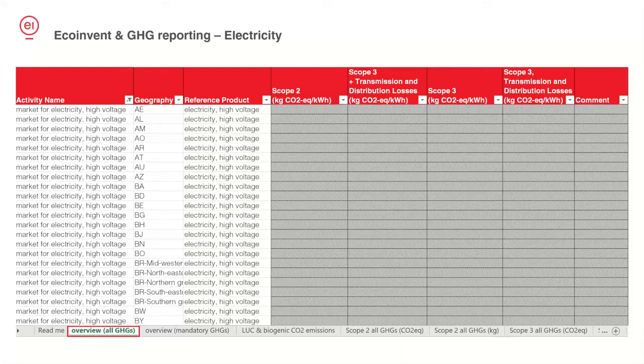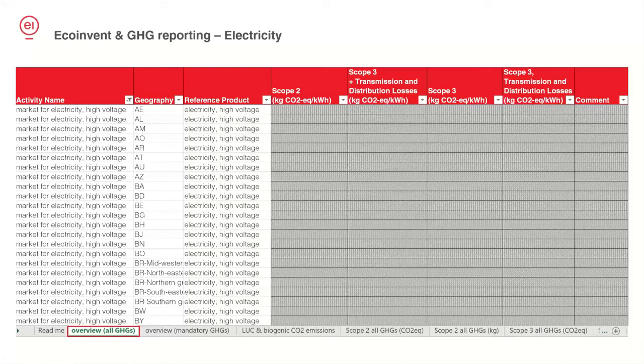So we see here that what you would find here is the emission factors for Scope 2 of the respective electricity market or electricity producing activity. And then you will find information on Scope 3 emission factors. For Scope 3, we did a further differentiation.